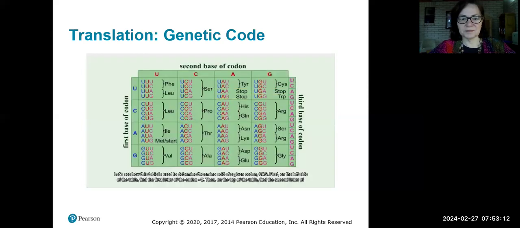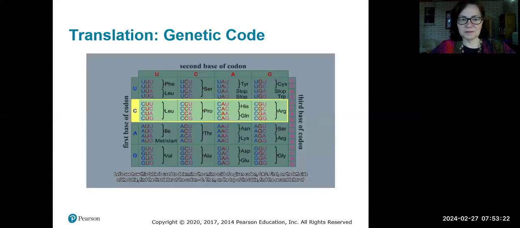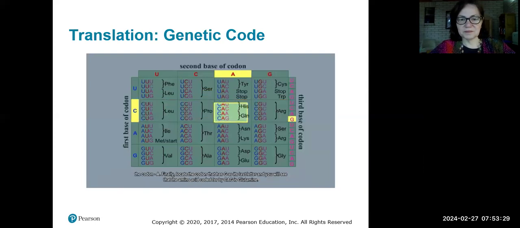Let's see how this table is used to determine the amino acid of a given codon, CAG. First, on the left side of the table, find the first letter of the codon, C. Then on the top of the table, find the second letter of the codon, A. Finally, locate the codon that has a G as its last letter, and you will see that the amino acid coded for by CAG is glutamine.